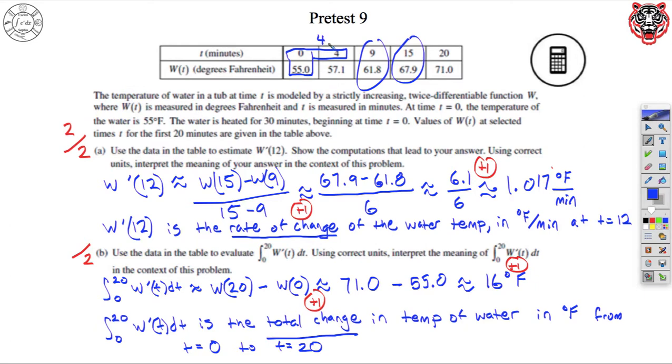Here it's a distance of 4. This is a distance of 5. This is a distance of 6. This is a distance of 5. We have that written down in our notes. Then we're using the leftmost point, so 4 is going to be multiplied by 55, 5 is going to be multiplied by 57.1, and 6 is going to be multiplied by 61.8.